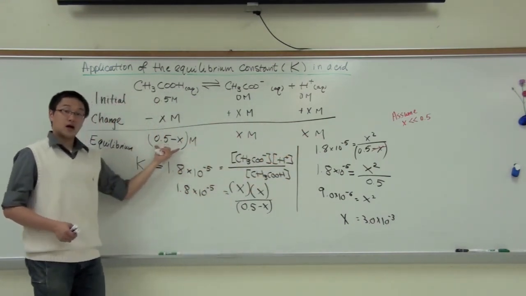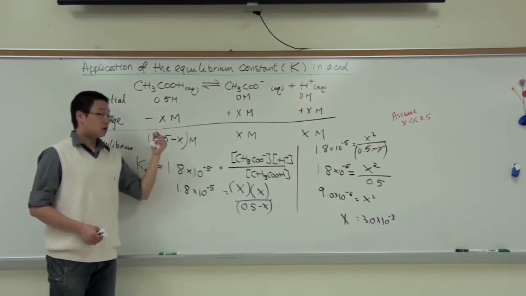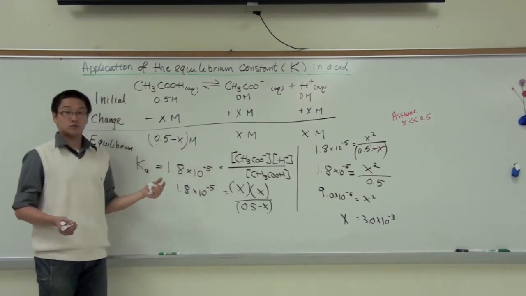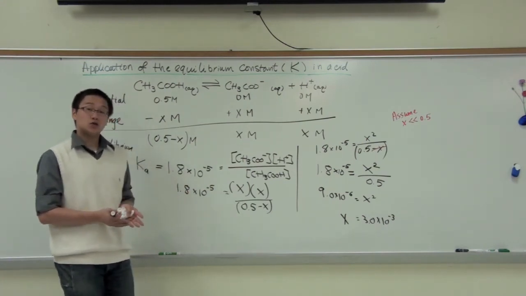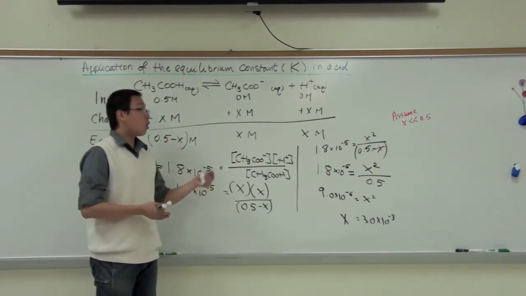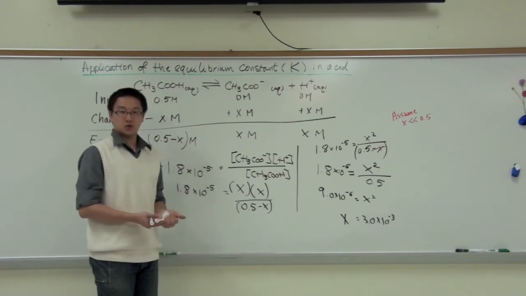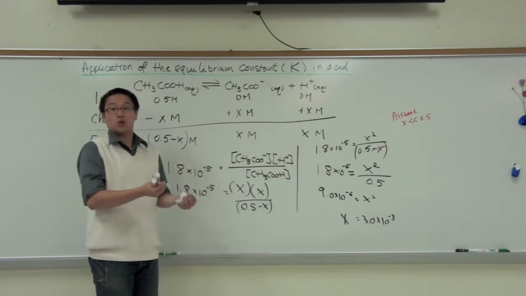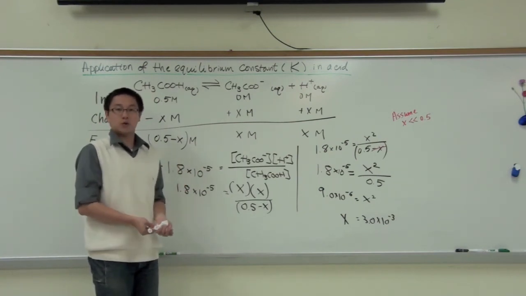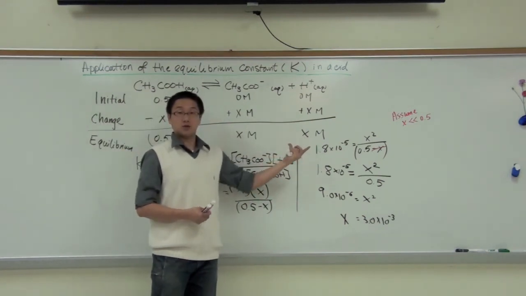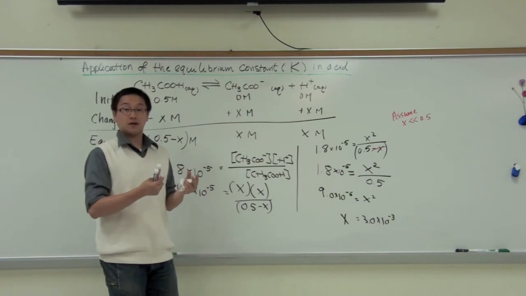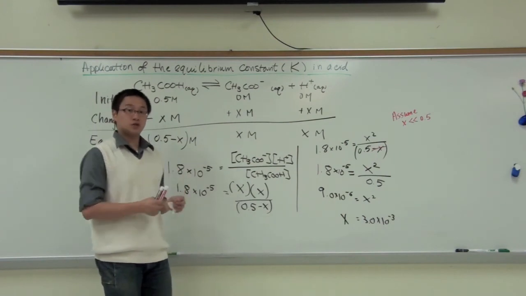And if you want to find out the concentration of the acetic acid, you just put that number in here, do the subtraction, and you would get your answer. And we can extend this question a little bit by asking, what is the pH of the resulting solution at equilibrium? We can simply put this concentration into the negative log, and that is how we get the pH of the resulting solution.